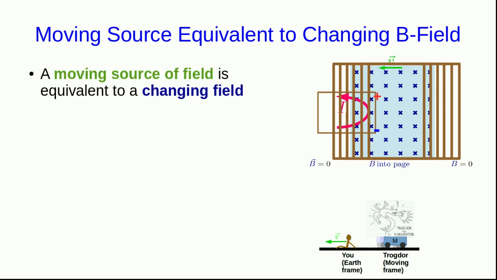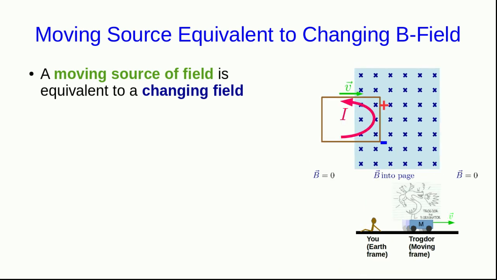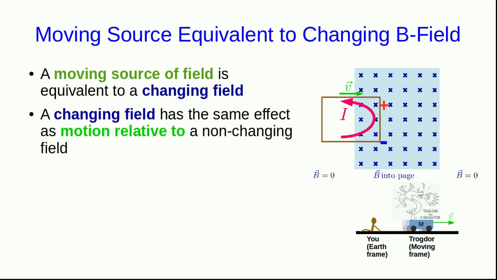These will have totally equivalent effects, and so a moving source of field is equivalent to a changing field. But we also know that we get exactly the same effect if the field itself is not changing, but we move the loop, and so a changing field has the same effect as motion relative to a non-changing field.